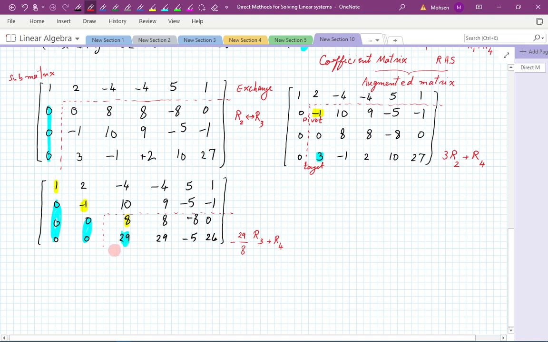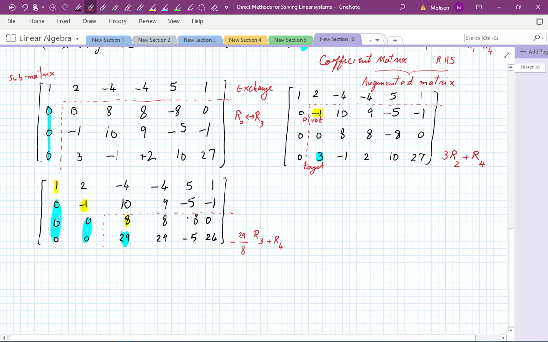Well, when you divide this thing by 8, this becomes 1. Multiplied by 29, it becomes 29. Make it a negative, it becomes negative 29, and that is going to cancel this. So 3 operations. You can do it like this.